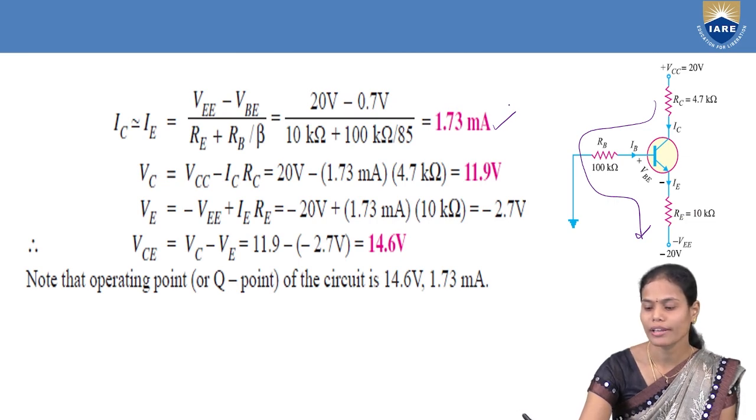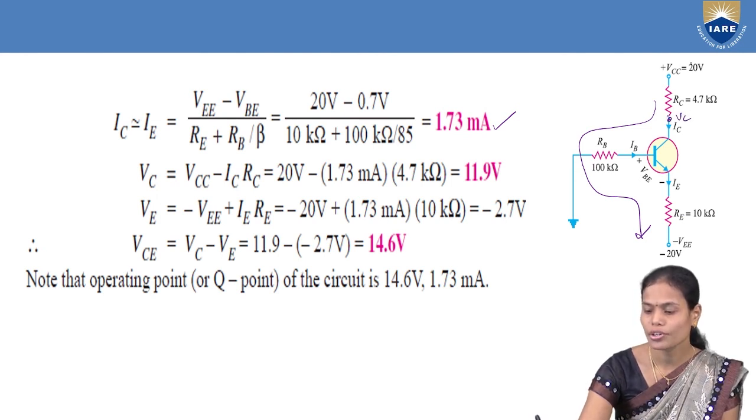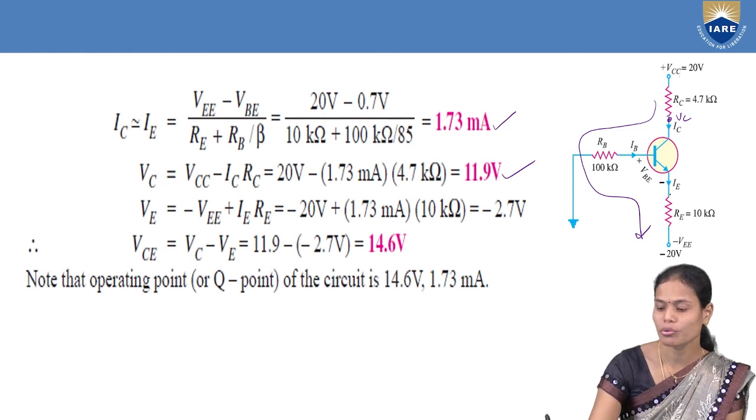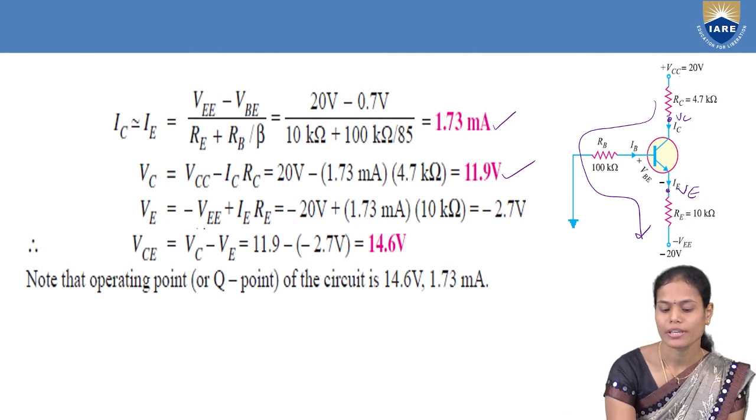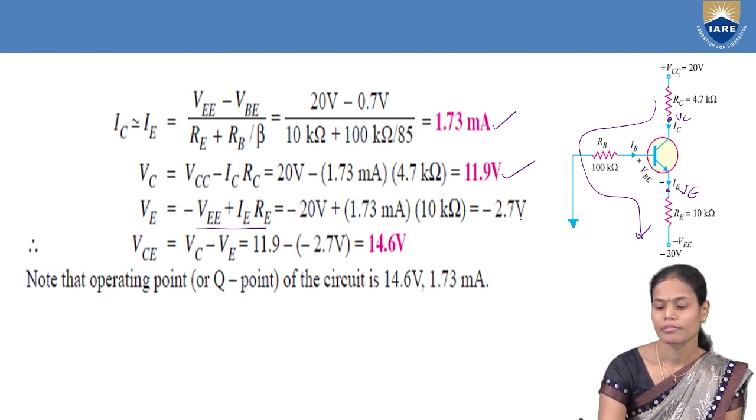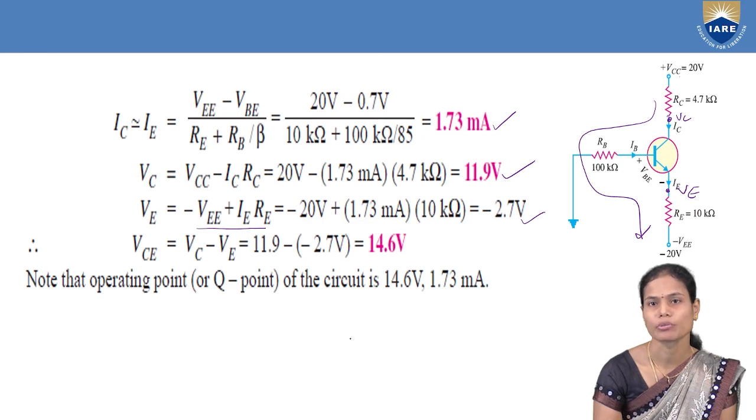And similarly, to find the VC value, this particular point is the supply voltage minus the drop across this RC resistance, that is VCC minus ICRC. If you substitute the values, we will get it as 11.9 volts. And similarly, the VE voltage: minus VEE plus the drop across the emitter resistance, that is IERE. We will get it as minus 2.7 volts.